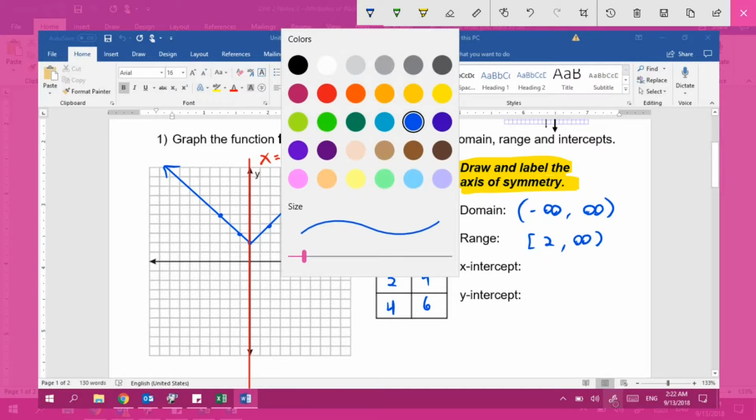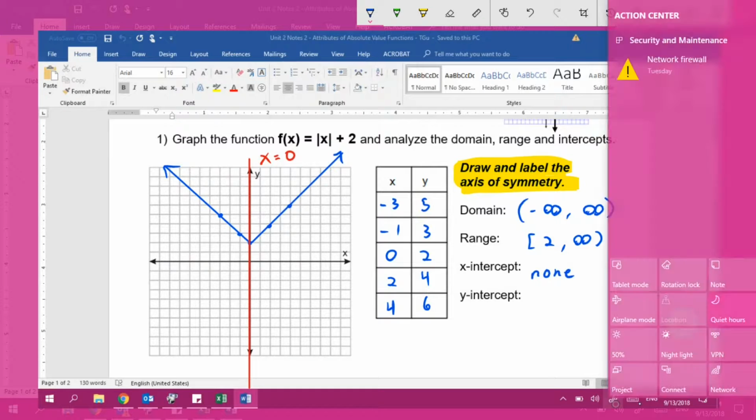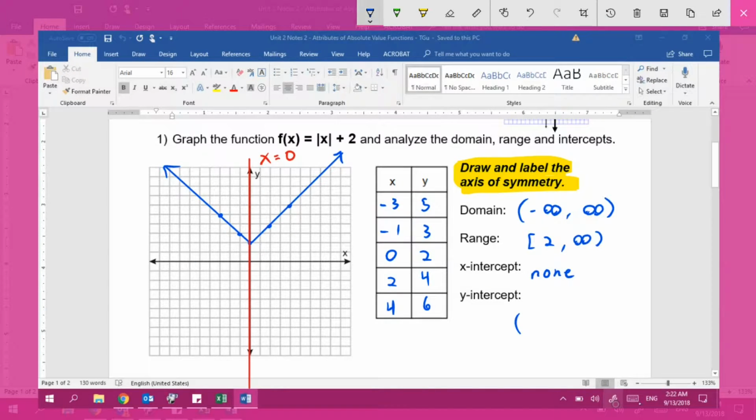Where does it touch this x-axis? Nowhere. So there is no x-intercept, none. And where's the y-intercept? Remember, it's a point, and it's right here, which is 0, 2. And that's our first one.